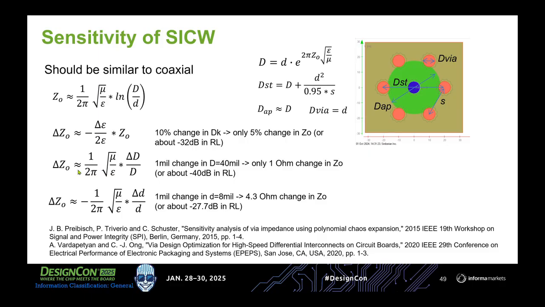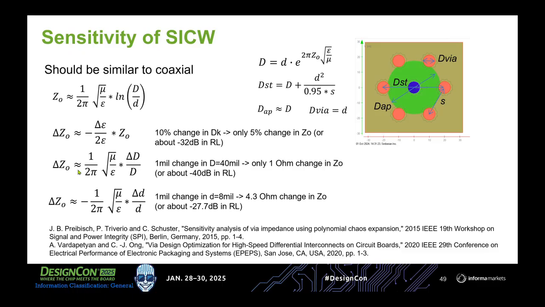I don't know how to predict the effect of those whiskers. You cannot extract the dielectric constant as anisotropic because it's not in the dielectric constant. It's in the barrel of the via. And you basically have to ask your manufacturer why they appear.